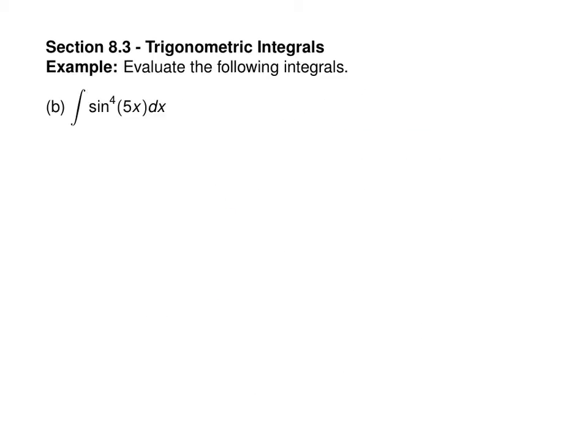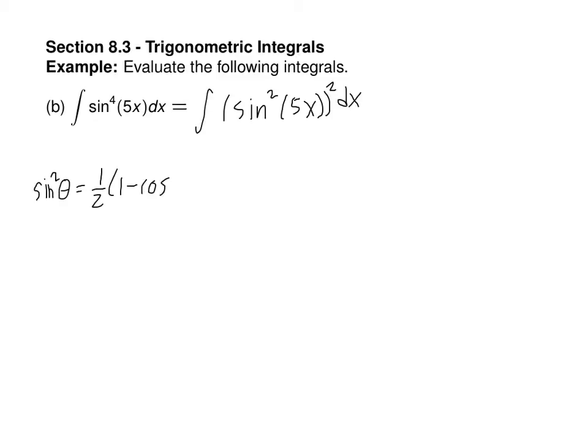Next, if the power on your sine or cosine is only even, you're going to have to use the double half-angle identities to figure this out. So sine to the 4th of 5x is equal to sine squared of 5x, quantity squared. And sine squared theta is equal to 1/2 times 1 minus cosine of 2 theta.